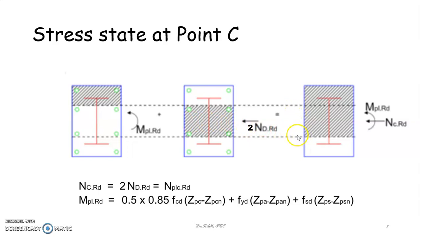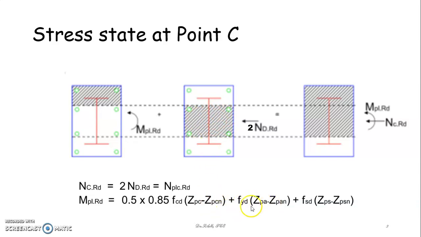So within this 2h_n, you have concrete, and to calculate that concrete section modulus, it is represented by Z_pcn. Then you make an algebraic sum of the two, that is the whole concrete plastic section modulus minus the concrete section modulus within the core region, that is this 2h_n region.